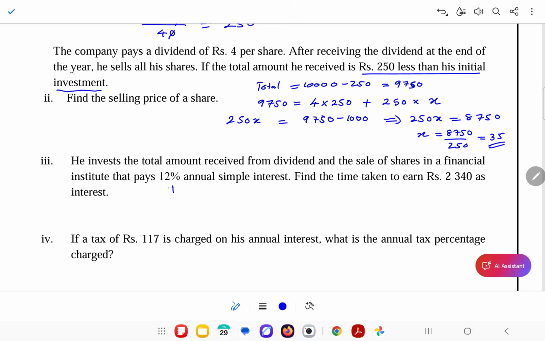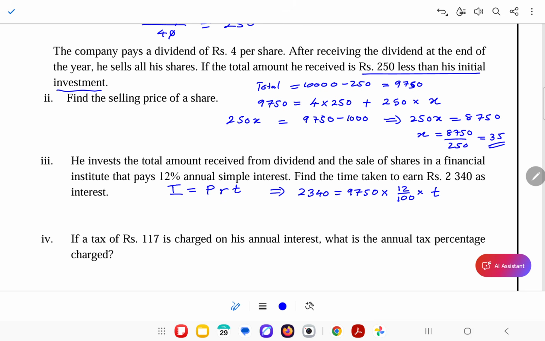So this is what? I equals PRT. I is 2340. Principal is what? 9750. Interest rate is 12%, no? 12% means 12 over 100. And time, which is what we want to find.